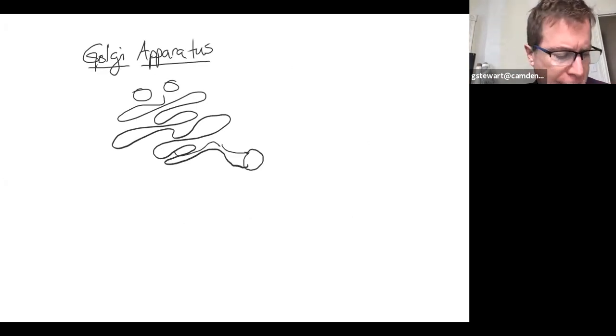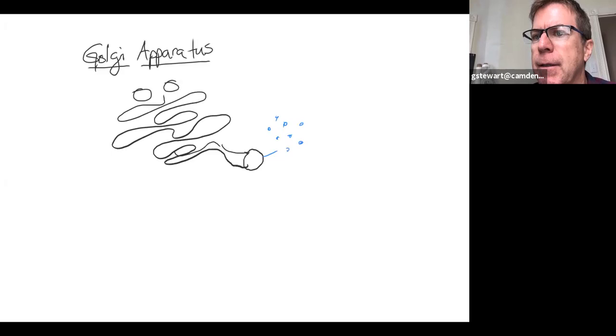And in essence, proteins enter this, newly manufactured proteins can enter the Golgi apparatus and then travel through this processing plant where they also get packaged, and then oftentimes they get packaged into these vesicles for export.